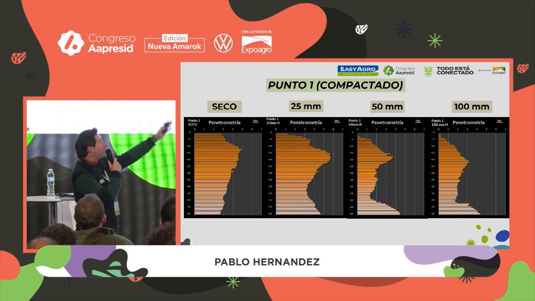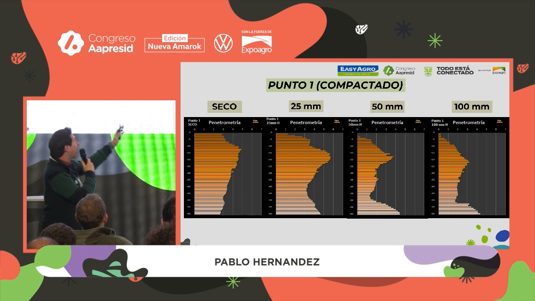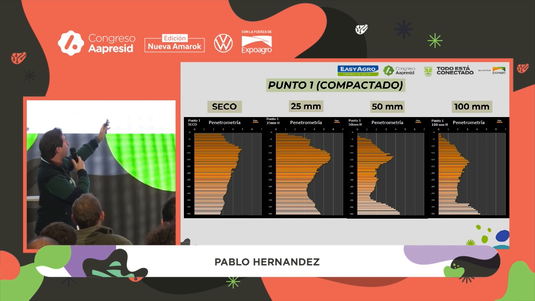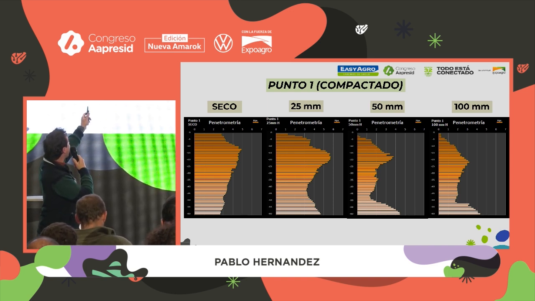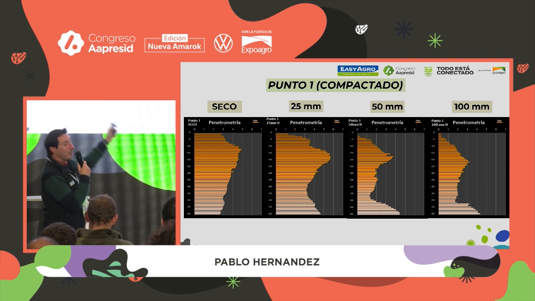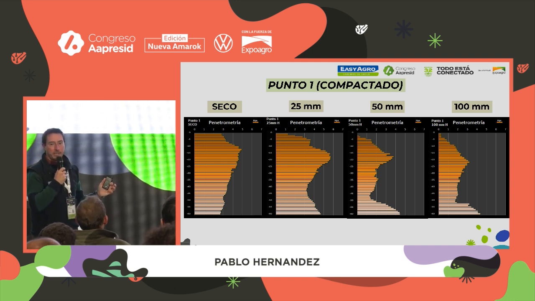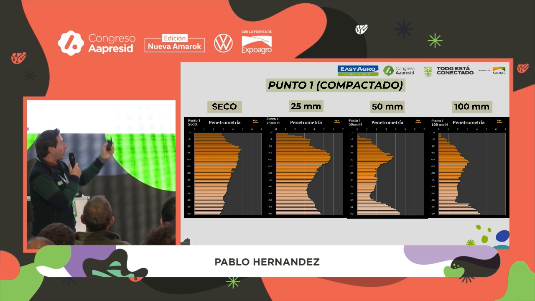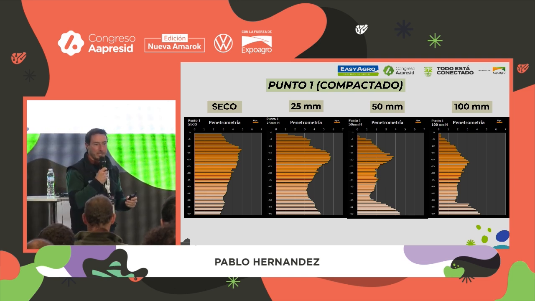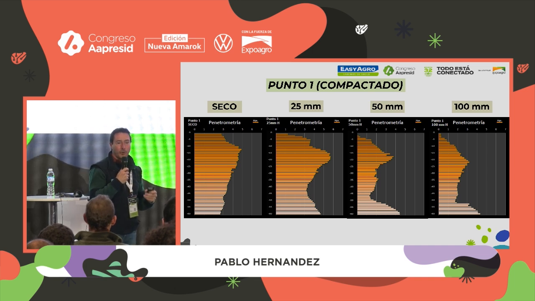How about water being added to that kind of soil at the different amounts shown above? Compacting continues to be marked between 15 and 25 centimeters. So the water helps the soil decrease its resistance, but compacting is still marked at the same depth.